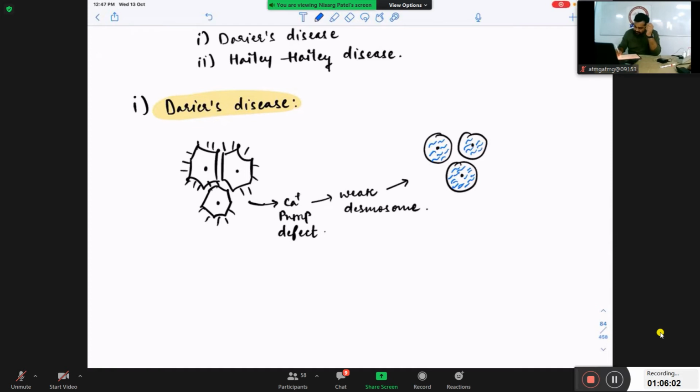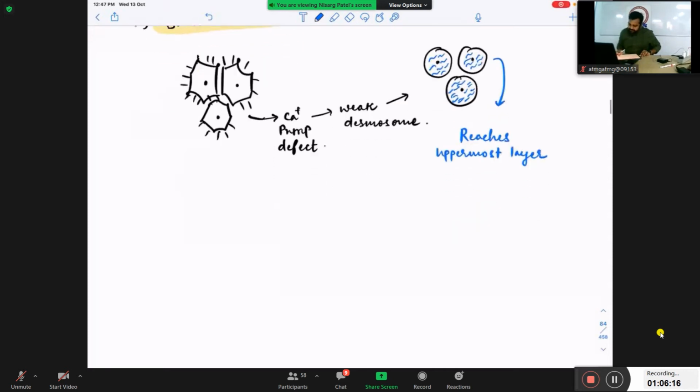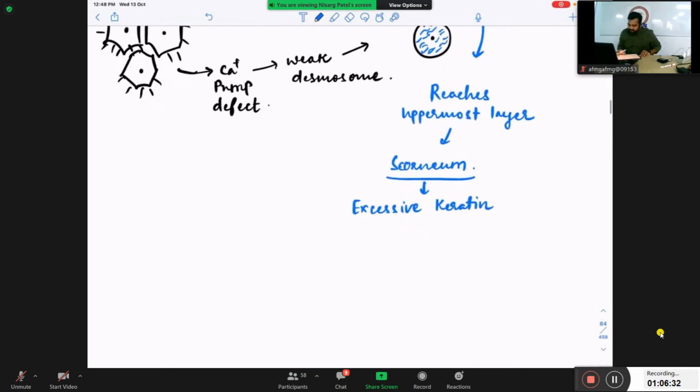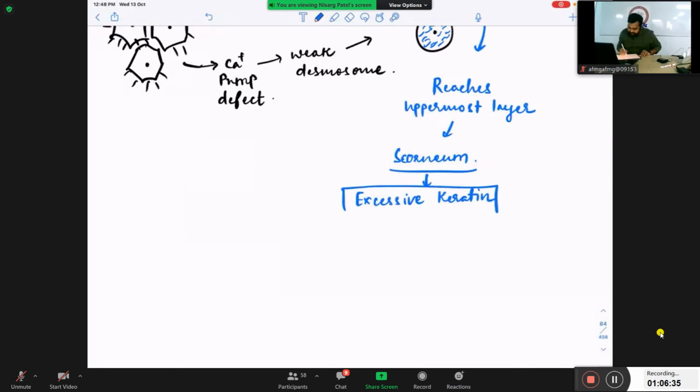Because of this, when this cell reaches the uppermost layer, the stratum corneum, because of excessive keratin, too much keratin is present on the stratum corneum, and the patient will have hyperkeratosis.